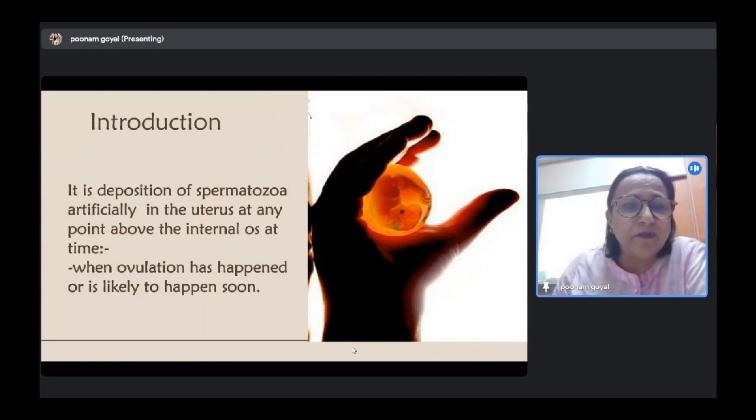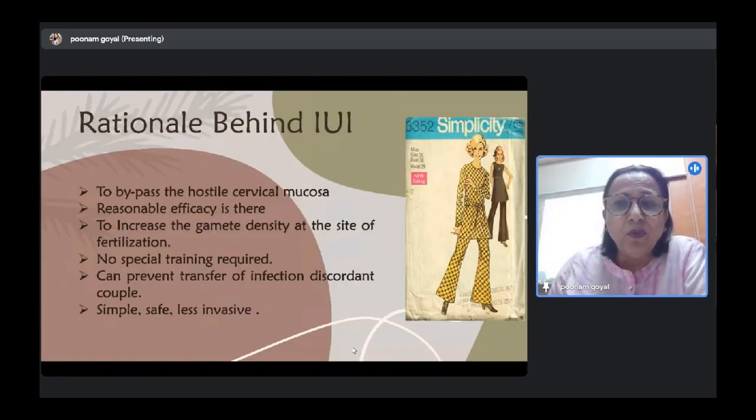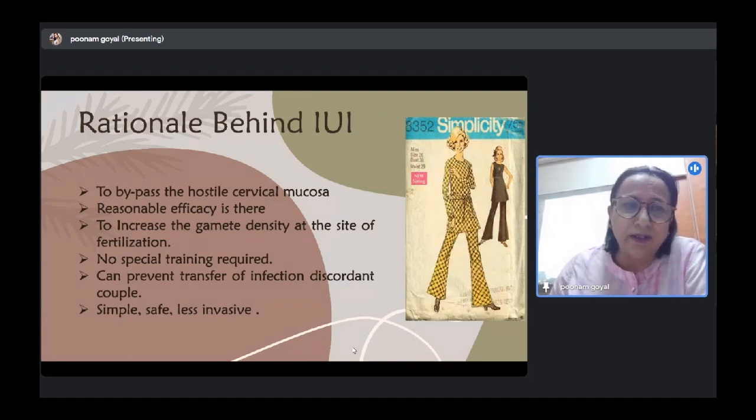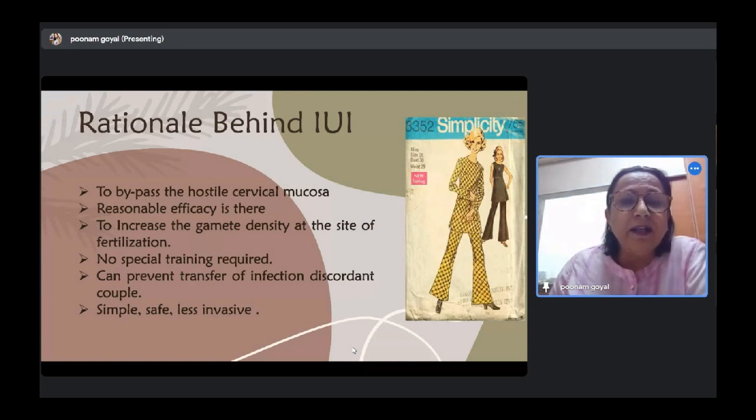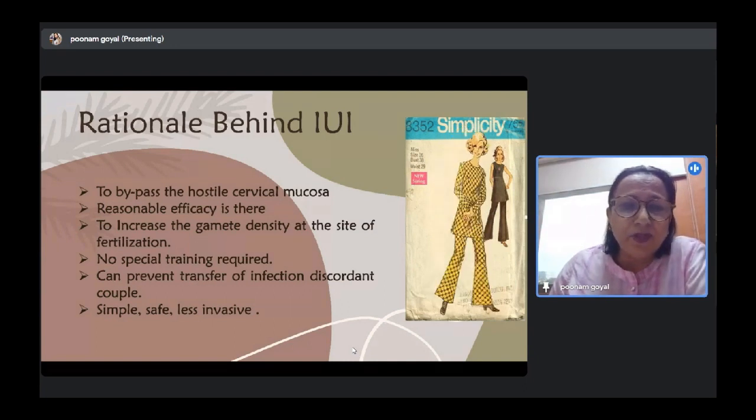Introduction. It is deposition of spermatozoa artificially in the uterus at any point above the internal os at the time when ovulation has happened or is likely to happen soon. So what is the rationale behind IUI? It is to bypass the hostile cervical mucosa. Reasonable efficacy of the procedure is there.